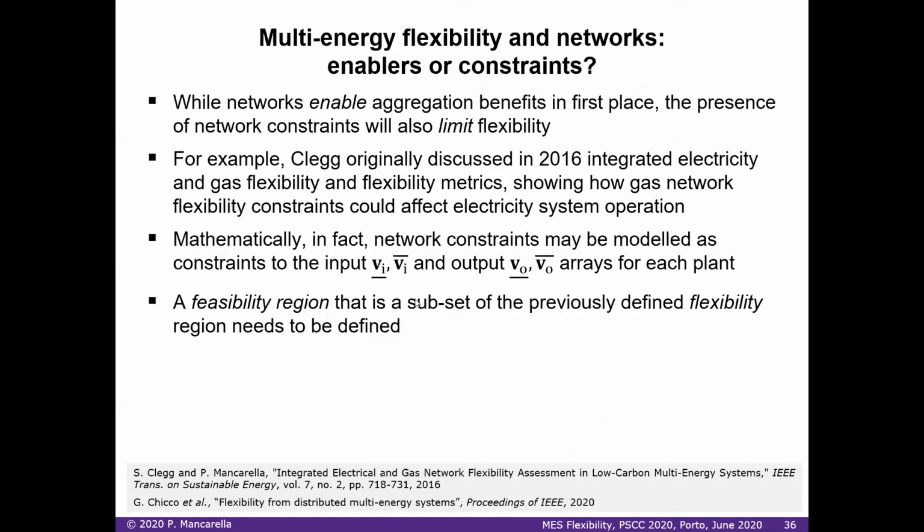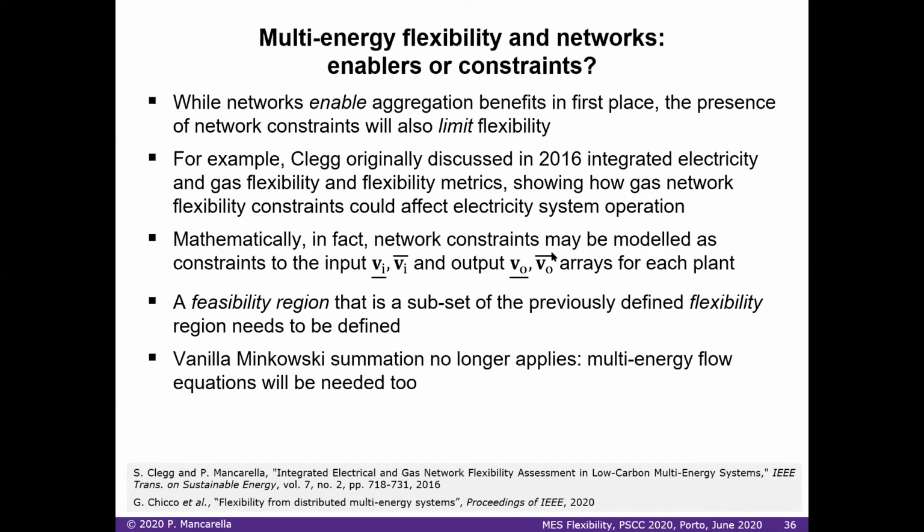Again, this is intuitive because mathematically, this will correspond to some form of linear constraints in your modeling. And then Alex was showing how you could use a linear formulation to represent your network constraints.